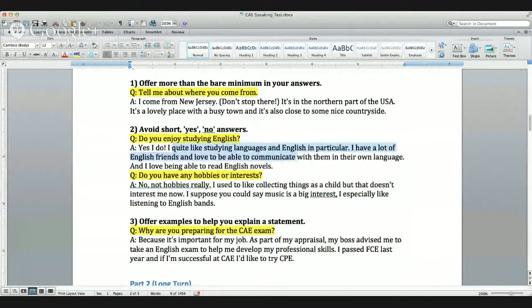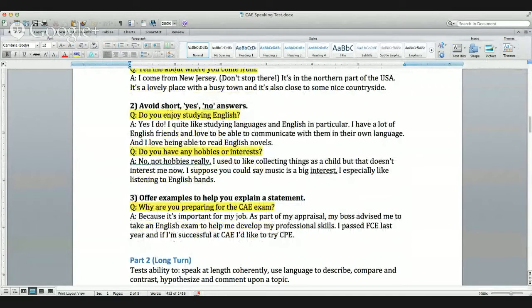I like studying language, and offer examples. So when you're saying, for example, why are you preparing for the CAE? It's important for my job. My boss advised me to take an English exam. This is something that I can hear and I understand better when you give me a specific, concrete moment. So now I shut up and you guys get to talk.